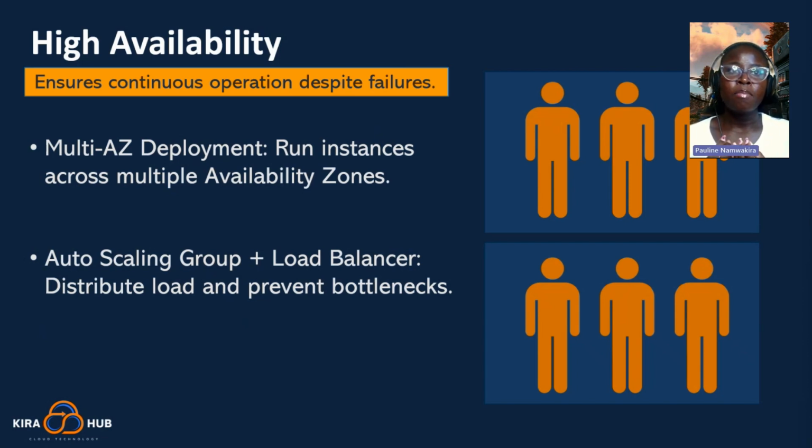When talking about EC2 high availability, we use multi-AZ auto-scaling groups and multi-AZ load balancers to help distribute traffic across those availability zones, thereby minimizing the impact of any potential outages. High availability is crucial and essential for critical applications where downtime is very costly, such as an online retail platform.